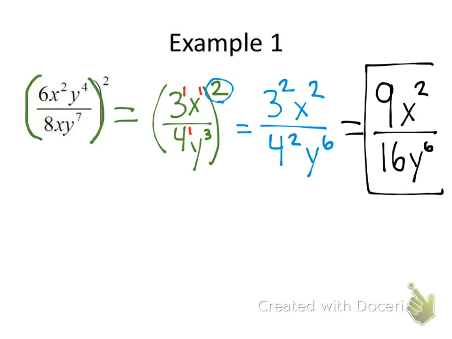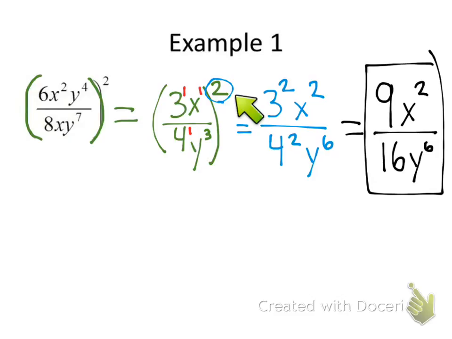So let me recap what we did here. We simplified what was in parentheses first, using the division rule for exponents that we discussed yesterday, and by reducing the fraction 6/8. So that gave me this guy. I gave everything in here an exponent. If it didn't have an exponent, I gave it a 1.